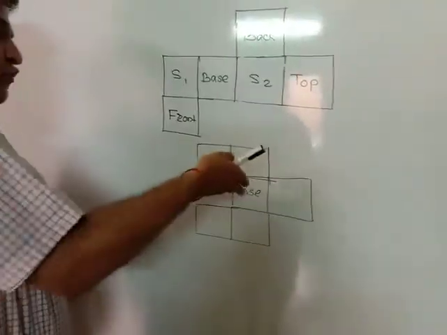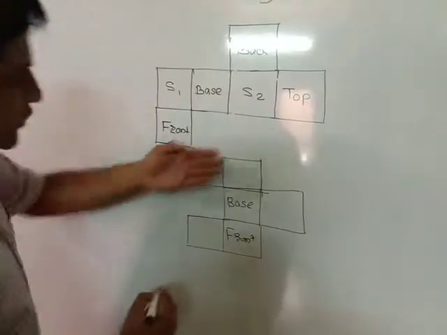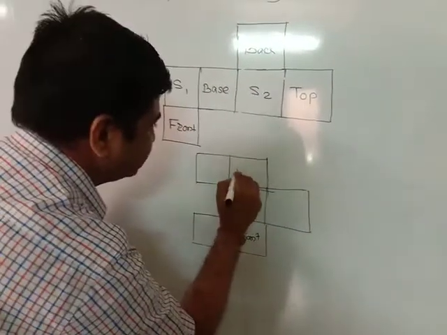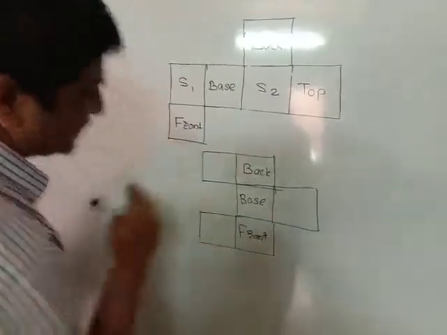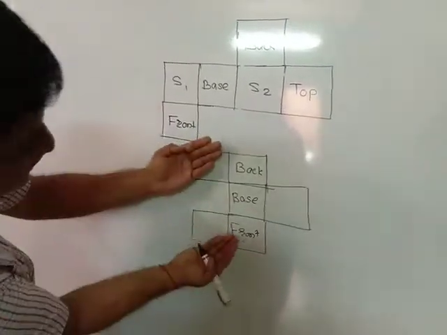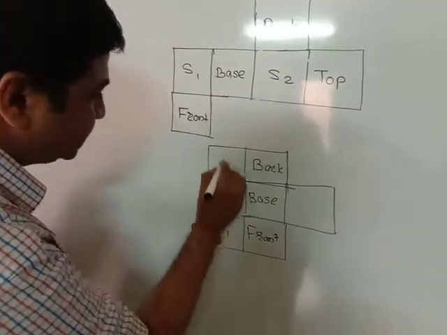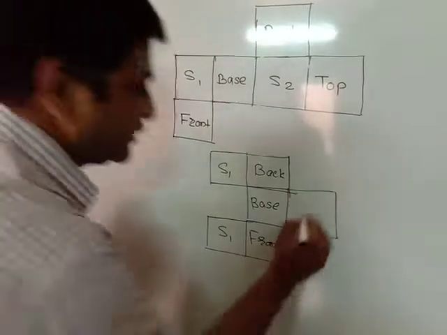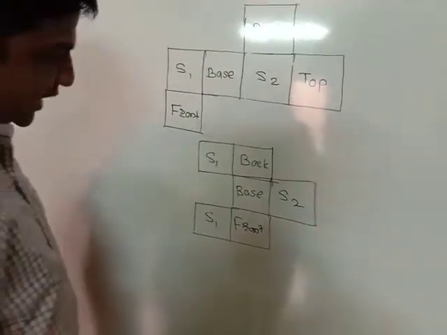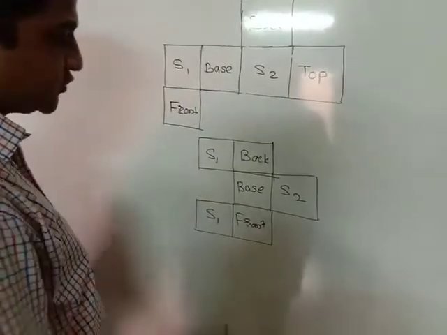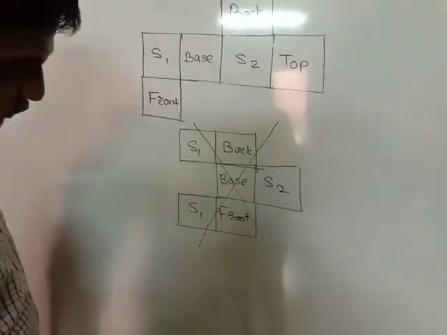We are going to fold this, so this will form a front. We are going to fold this so that this will become a back. We will fold this like this and this like this, and then it will be folded like this. So they are both forming side 1 and this will form side 2, and this figure does not have a top. So this is not a possible net of a cube.